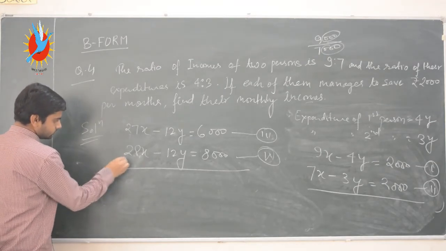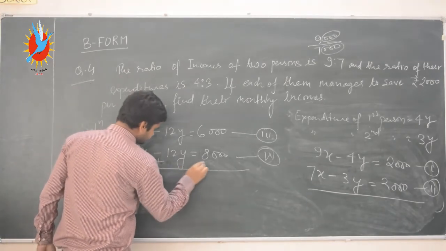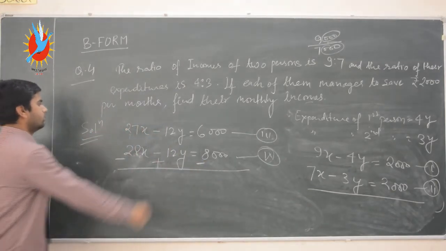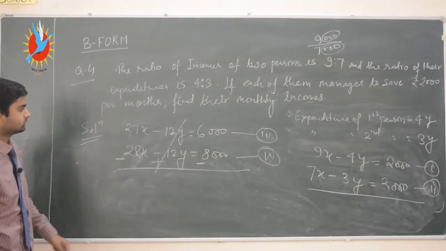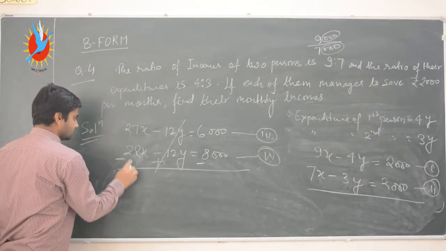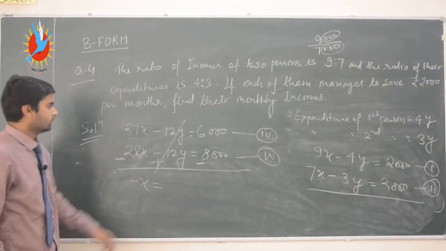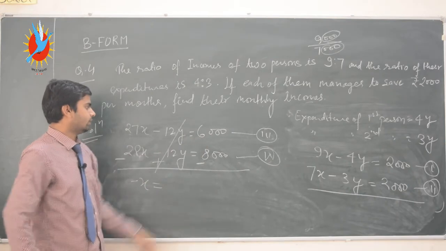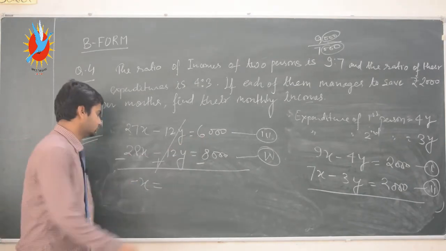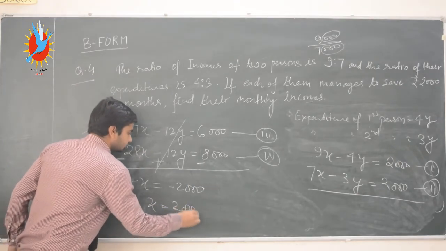The 12y terms cancel out, and we get 27x minus 28x, this will be minus x. Here 6000 minus 8000 gives minus 2000. So the value of x is 2000.